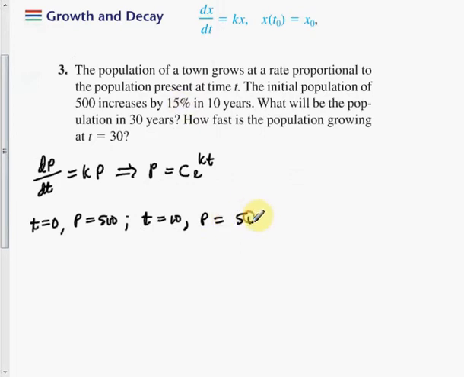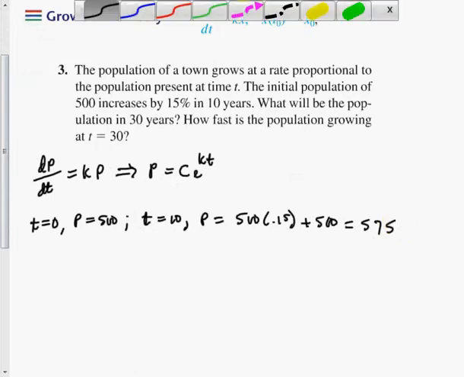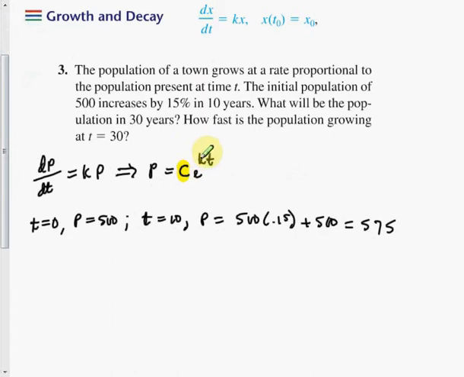So this is 500 times 0.15 plus 500, and that gives us 575. So in 10 years, the population increases to 575. Let's stop there and solve for this constant c and also the constant of proportionality k.